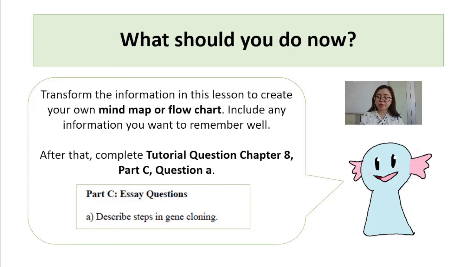Include any information that you want to remember well. Whatever you want to remember, please put it in your mind map or flowchart that you want to use. After you're done making your notes in the form of a mind map, complete tutorial question chapter 8, part C, question A. Do this essay question.